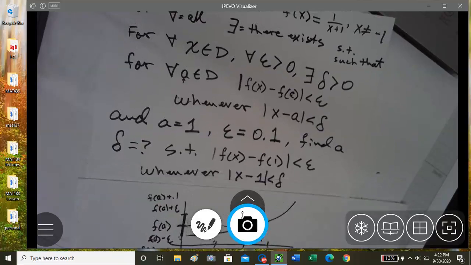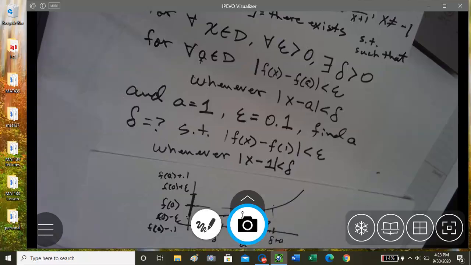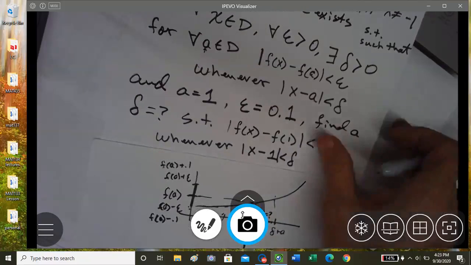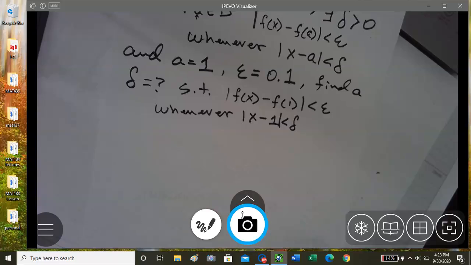All right, so whenever the absolute value of x minus 1 is, well, here's our a, our 1. So we're looking at some value x somewhere within this range. But it's less than delta, so it's got to be within this a minus delta and a plus delta range. Okay, so from here, let's do this.